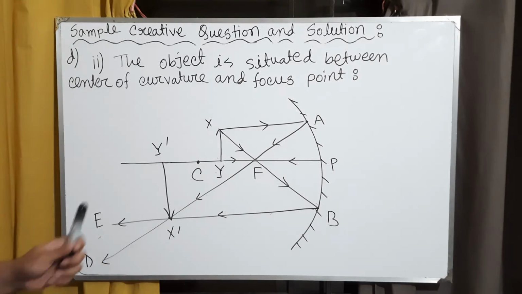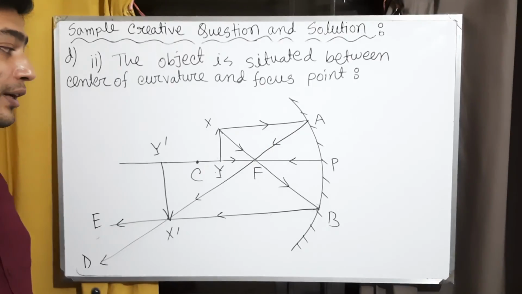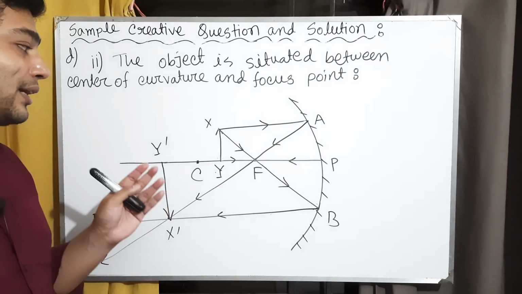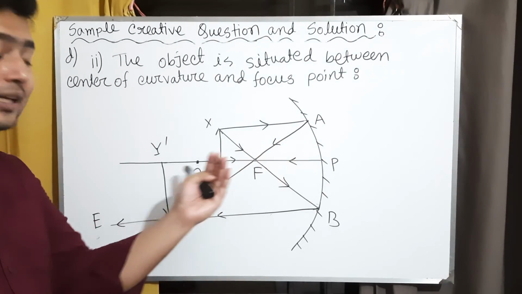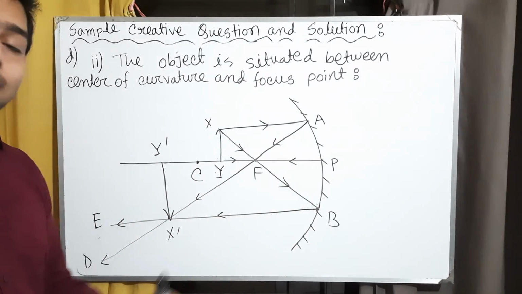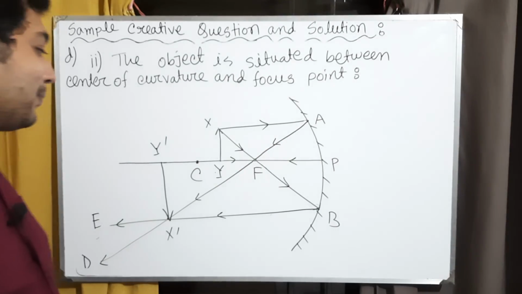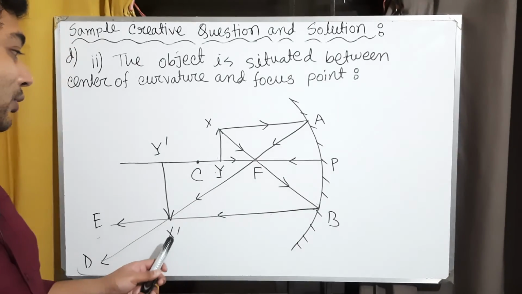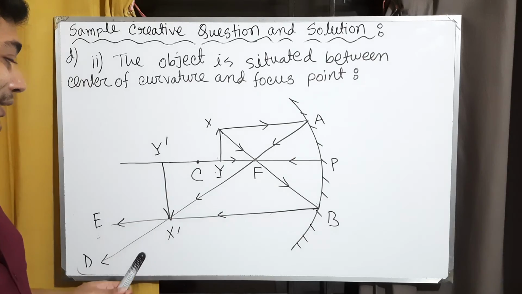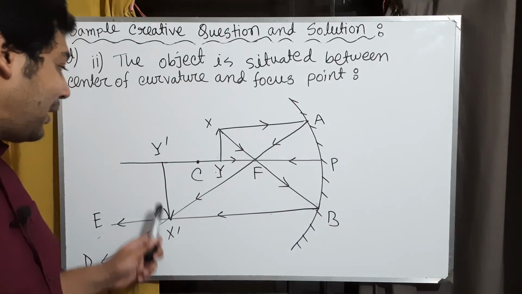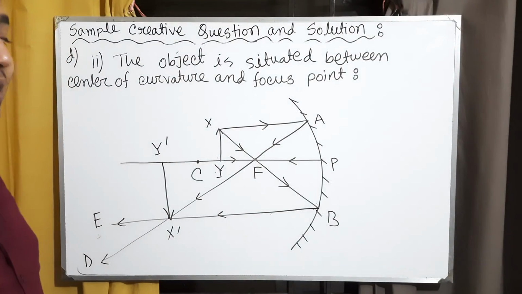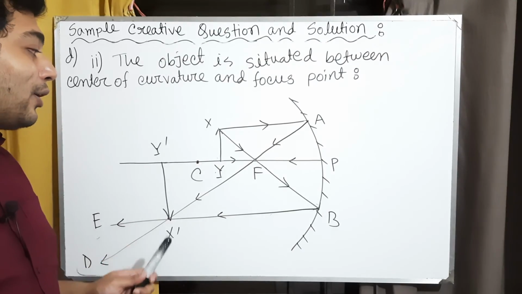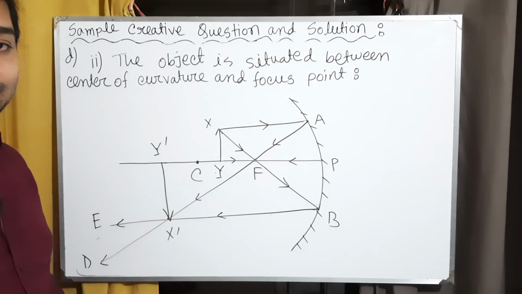Here why is it called real? Because the object and the image are situated on the same side of the mirror. If we draw a perpendicular to the main axis, X prime Y prime will be the real image of the object XY.